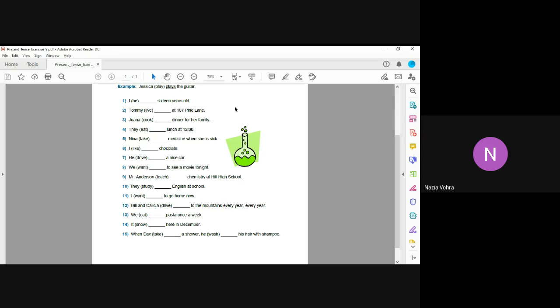If I ask how many o'clock these people have lunch every day, they eat lunch at 12. I also said you have to make it into simple present tense, so ate would become the past form. Okay.